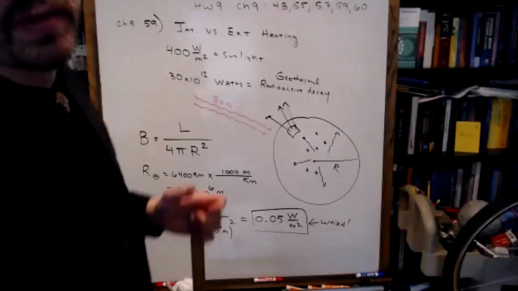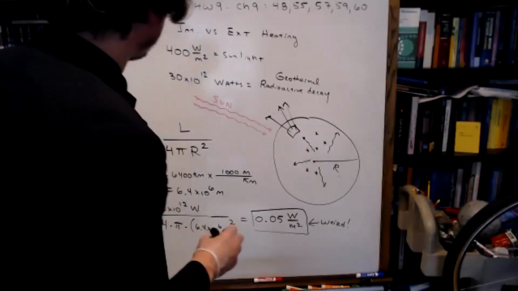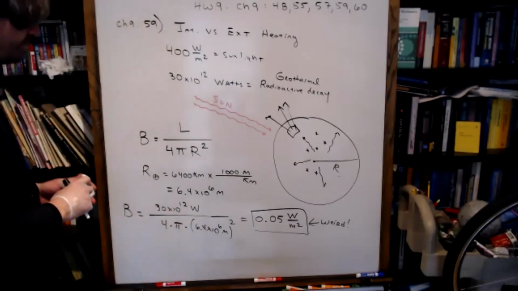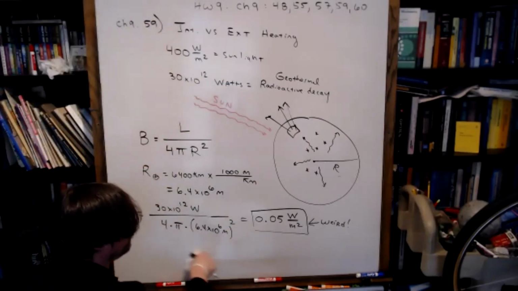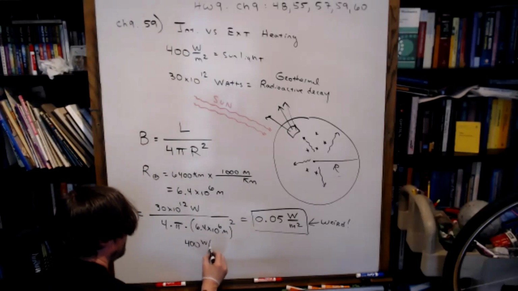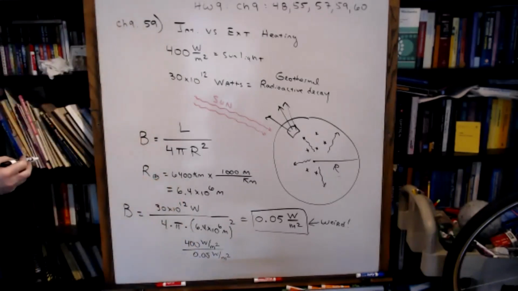Actually, that is kind of weird. I'll tell you why it's weird. It's supposed to be weird. Because how does that compare to sunlight? If you take the ratio of 400 watts per square meter to 0.05, what do you get? 8,000?